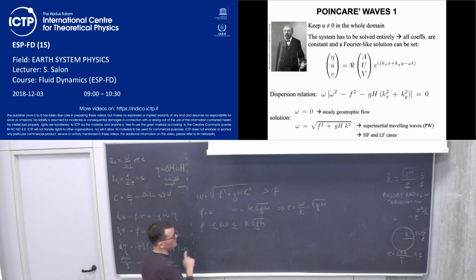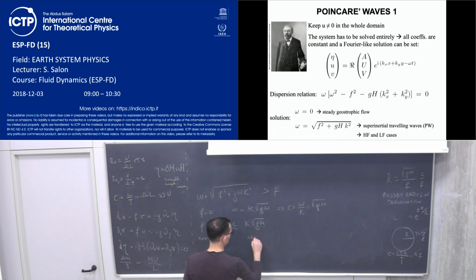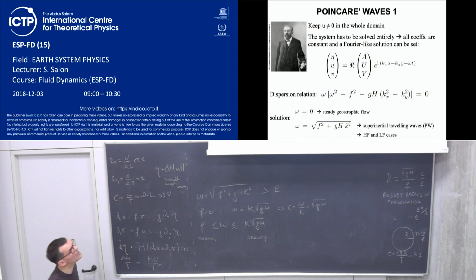That's why the Poincare waves are also called inertia gravity waves, because this is our inertial extreme case, okay, when omega is equal to f, and we reconsider again the inertial oscillation, and this is the velocity of the surface gravity waves, okay? So Poincare waves, or inertial gravity waves.